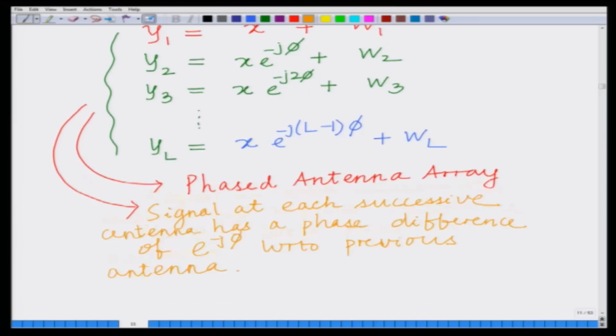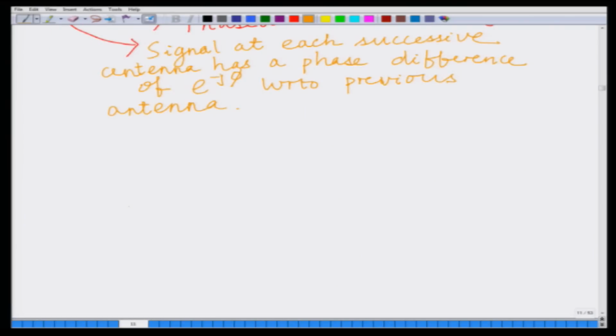Okay. So, now let us look at signal processing for this phased antenna array. How do we process the received signals y1, y2, up to yl in this phased array or in this uniform linear array? Before I write the system model, let me describe to you what this angle phi is. This phi is related to the angle of arrival theta as phi equals 2 pi fc d cosine theta divided by c. Now, c over fc is lambda, which is the wavelength.